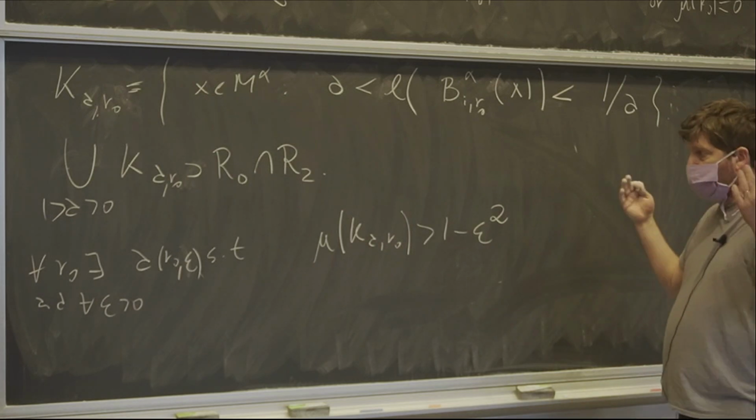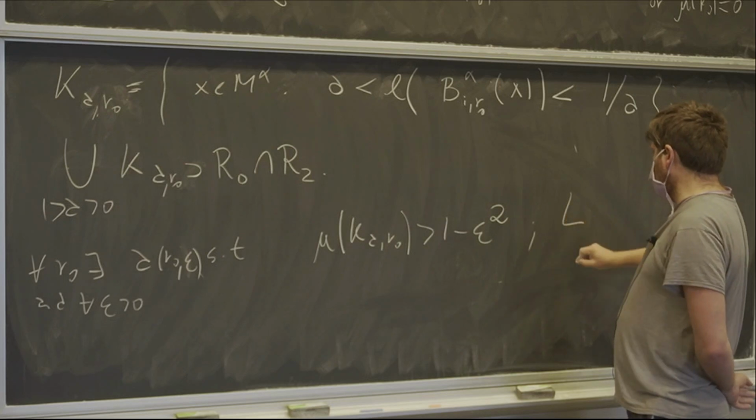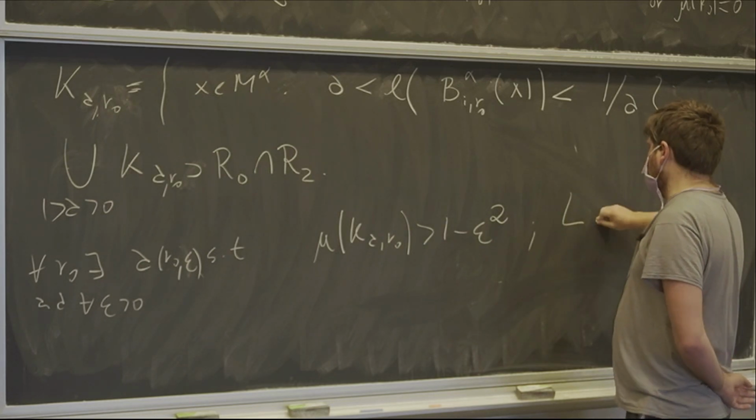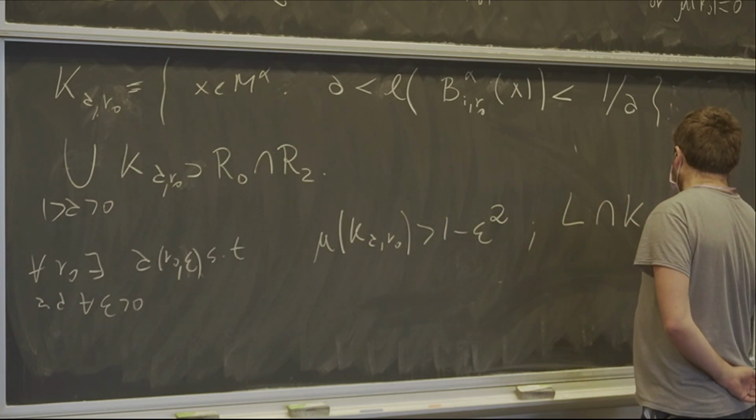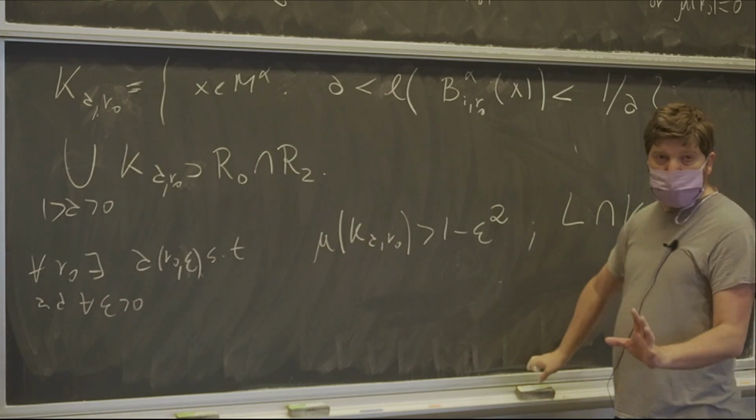So I can pick this set also with huge measure. And then I take the previous Lusin set intersected with this one. Good. Now this should do the work.